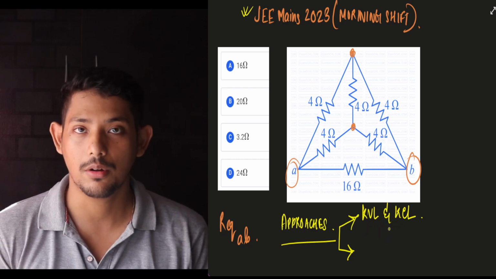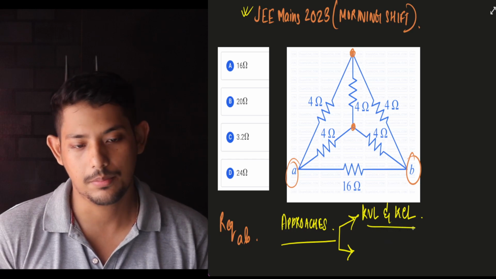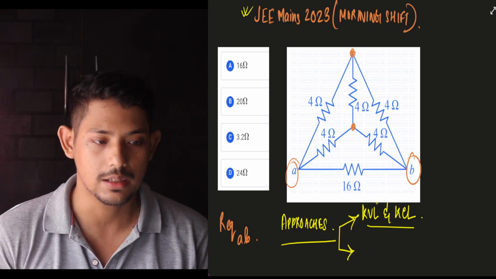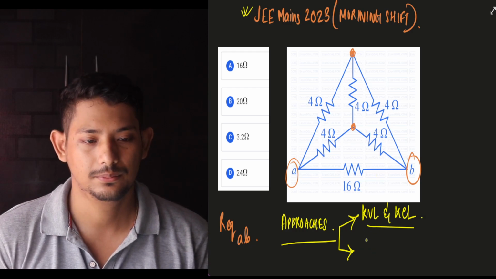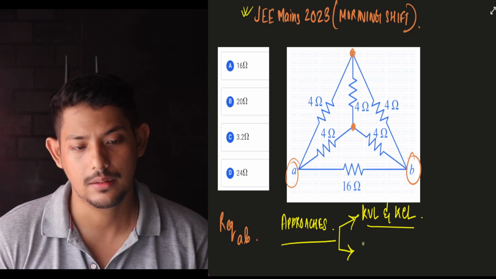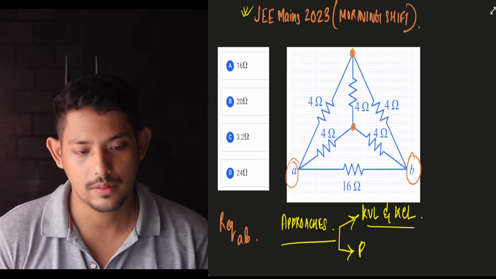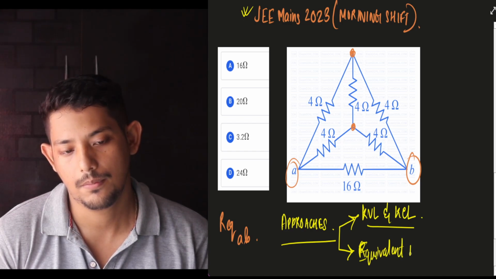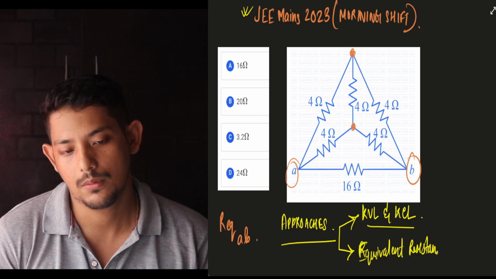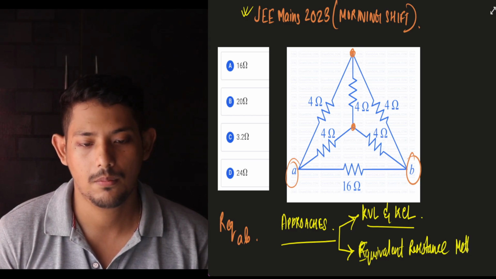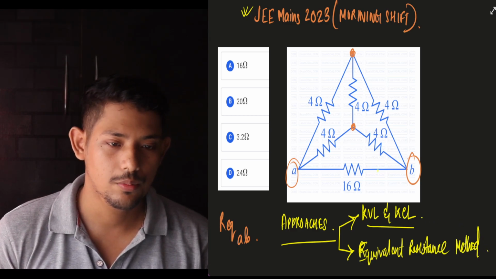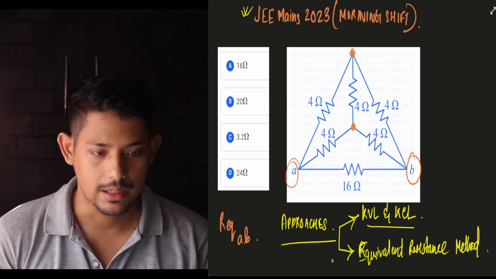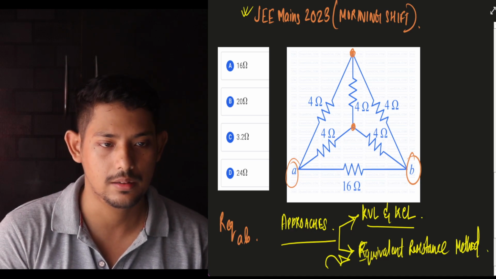For the ones who have already played, approach number one is KVL KCL, and approach number two is finding the equivalent resistance method, I will call it. Since I see it as a very simple question, I am going to apply the equivalent resistance method in this question.